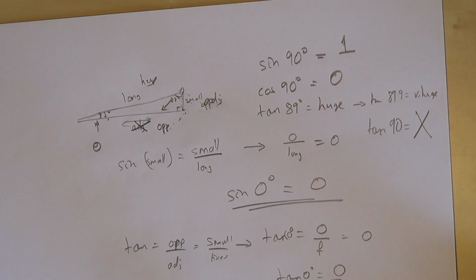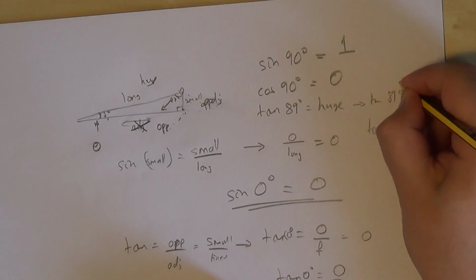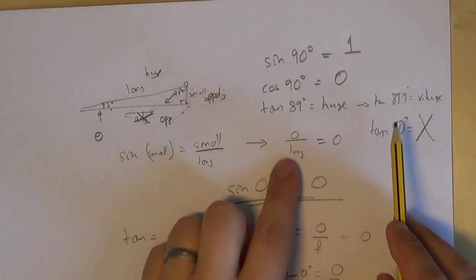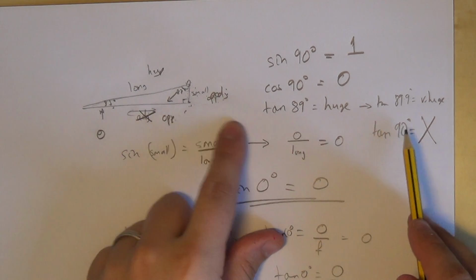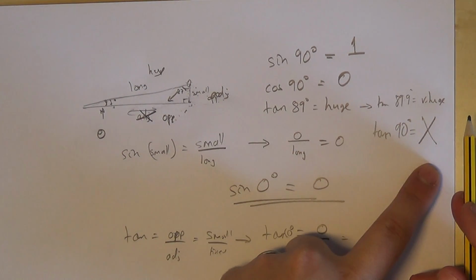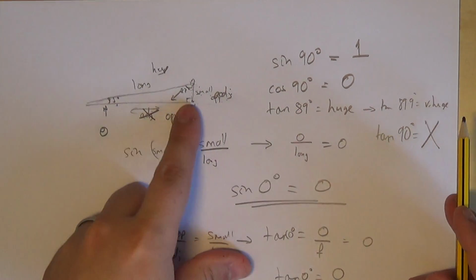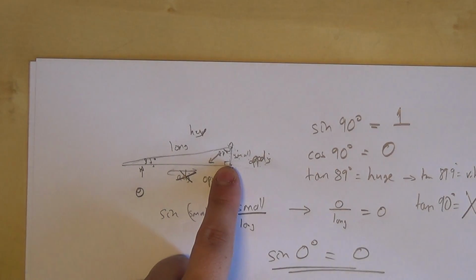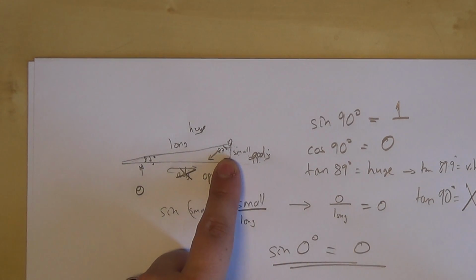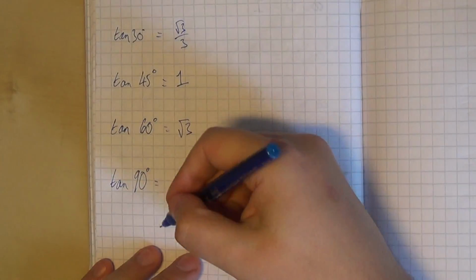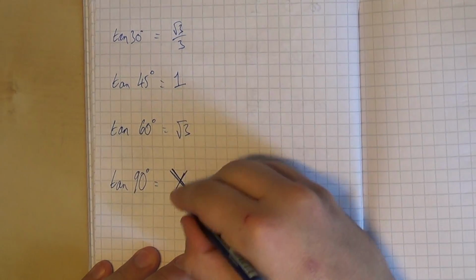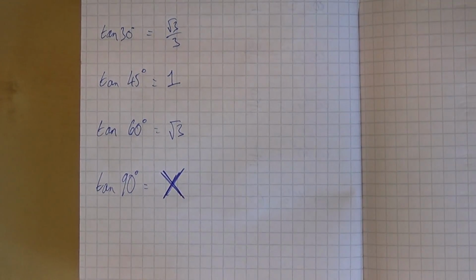It's undefined, it breaks. It's not part of mathematics. So tan grows as we do, dividing by a small thing, it fits in more times, but once you get to fully 90 degrees, it breaks. It's like dividing by 0, because the height is effectively 0. The adjacent that we're using to divide by is effectively 0. So the tan of 90 degrees is not mathematics, it's not a number. It's a little break, so we don't have that. That is undefined. Not there, not a thing.